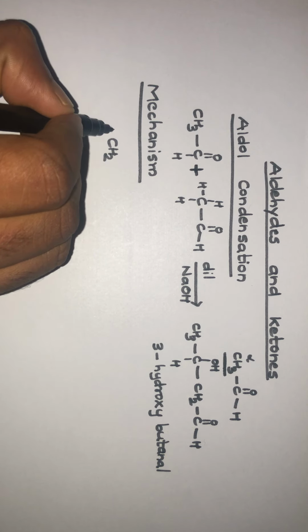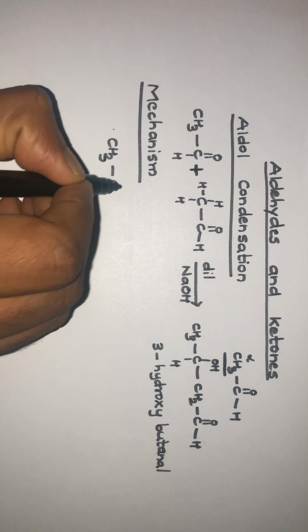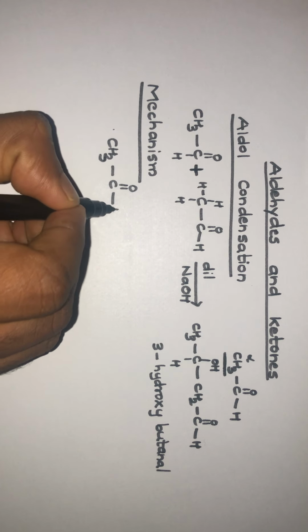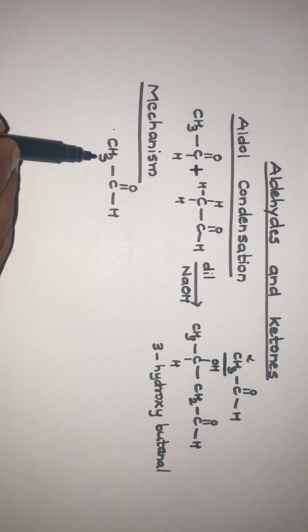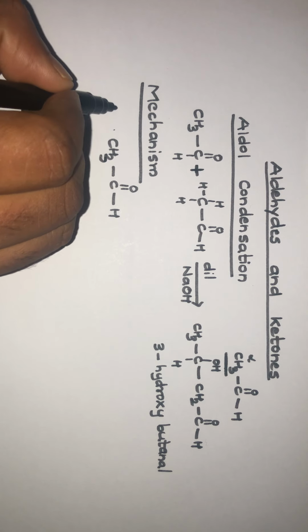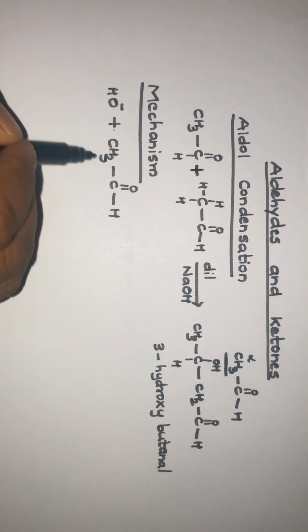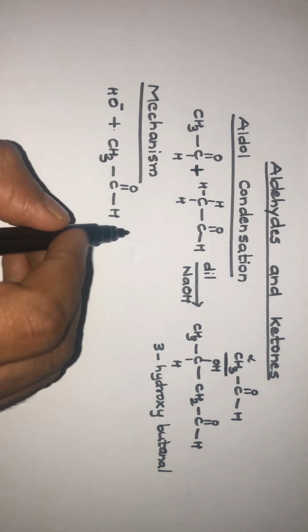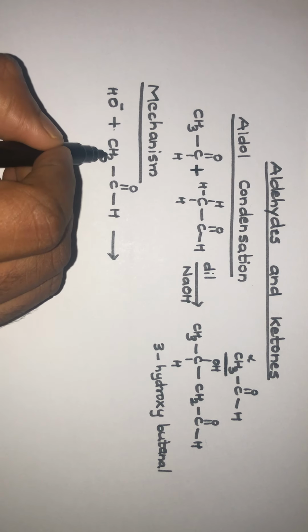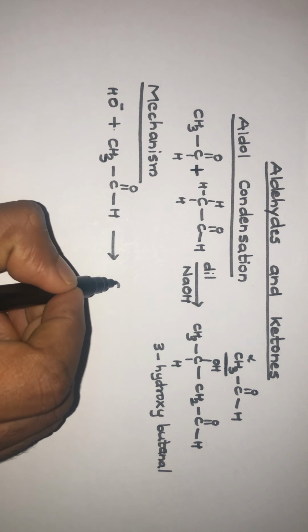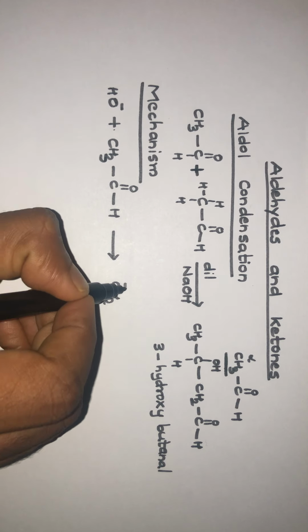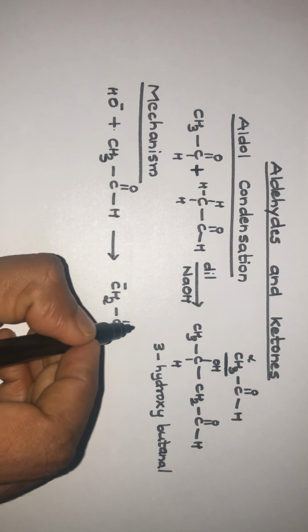What the OH minus does is abstract this proton, because this proton is acidic in nature. Since it abstracts the proton, it results in the formation of CH2 minus C double bond OH.